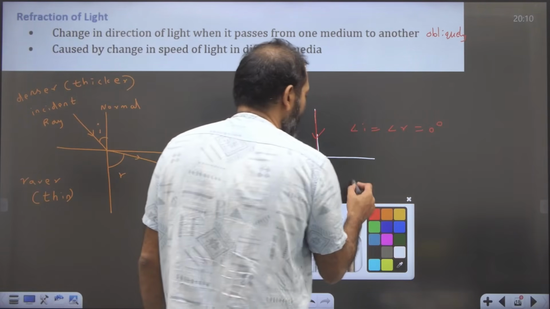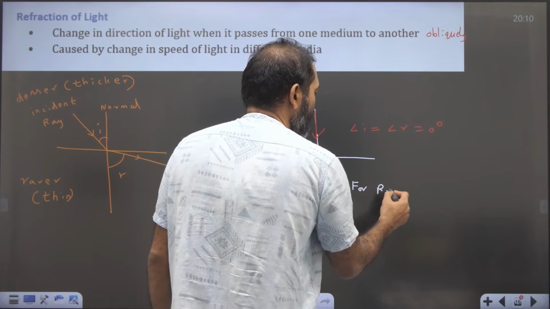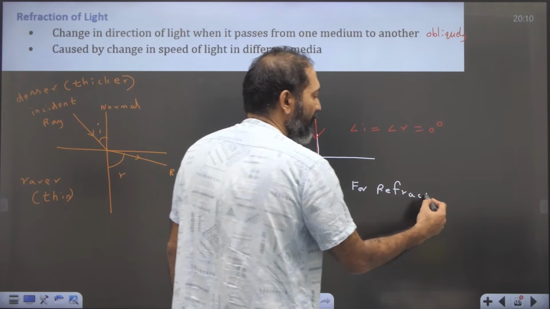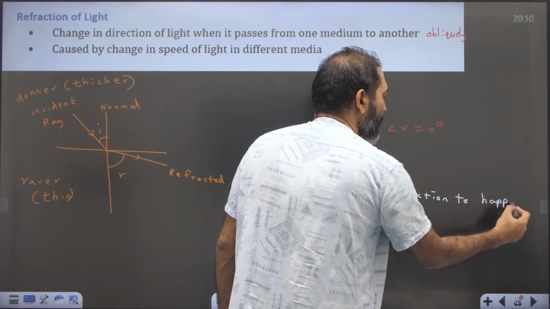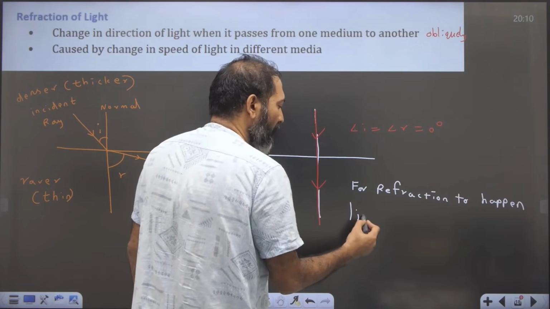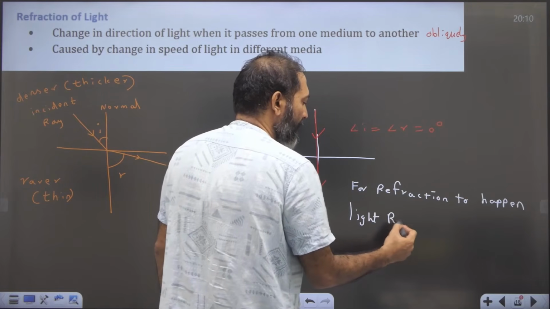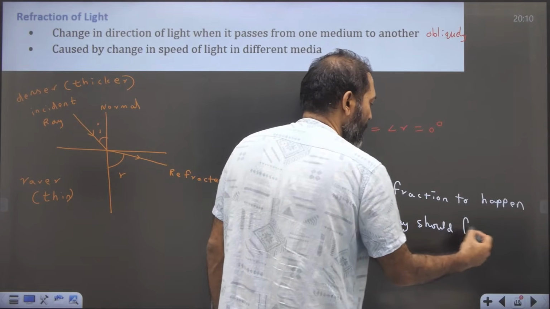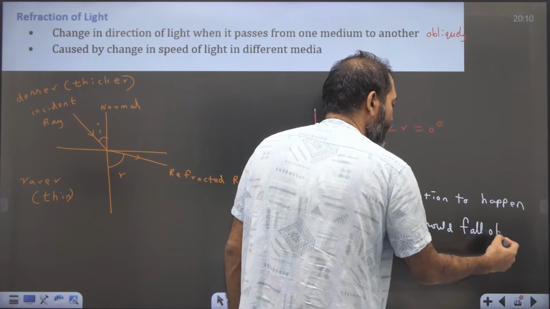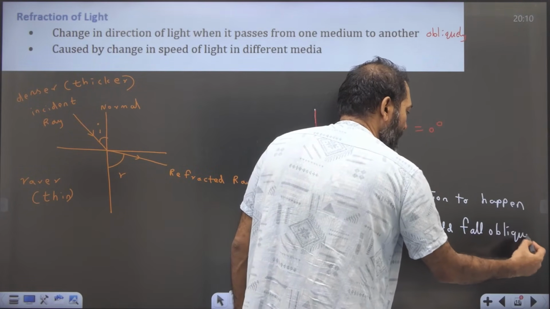So I am just writing that: for refraction to happen, the light ray should fall obliquely. Obliquely means what? At an angle.